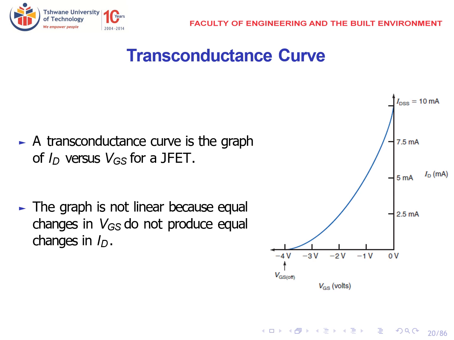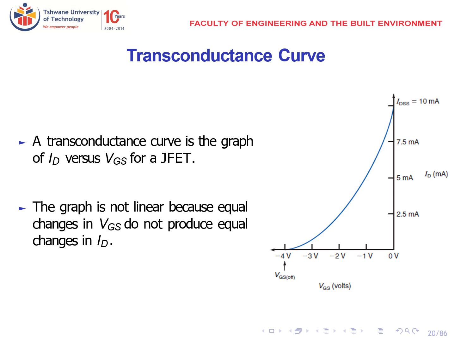Transconductance curve. A transconductance curve is the graph of ID versus VGS for a JFET. The graph is not linear because equal changes in VGS do not produce equal changes in ID. So in this example, the maximum current was 10 milliamperes.